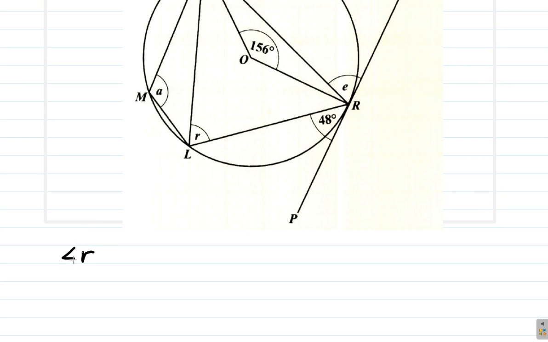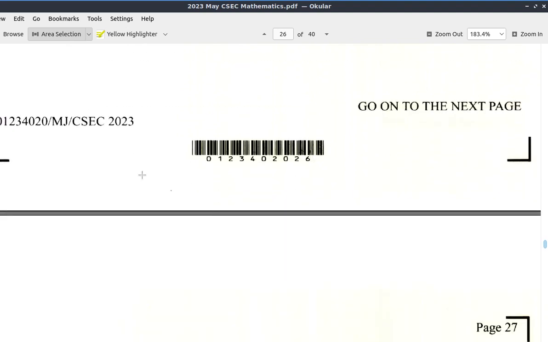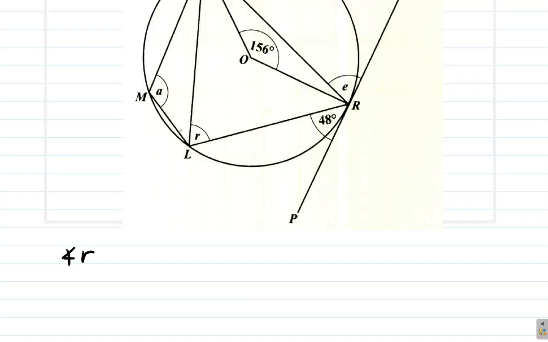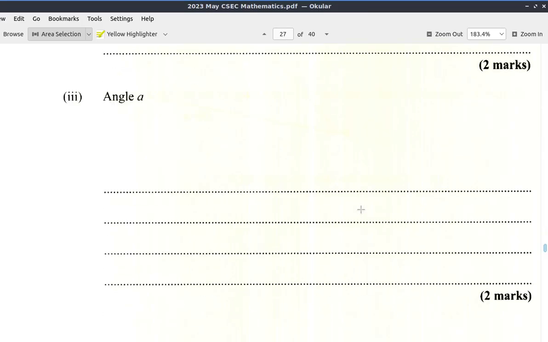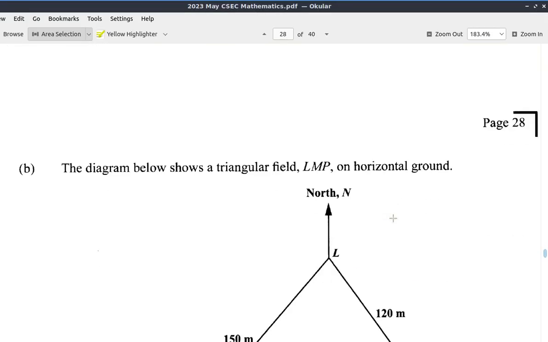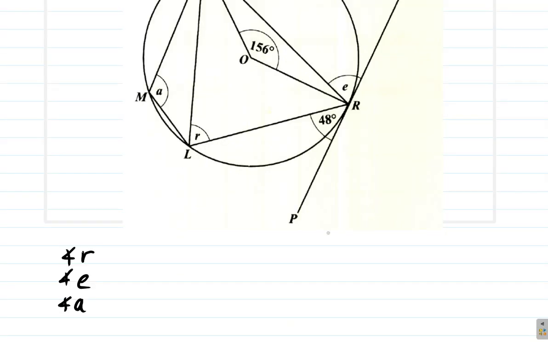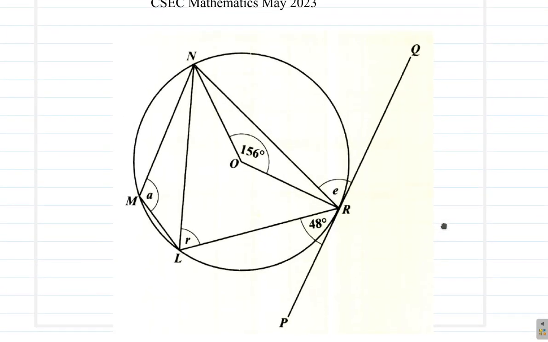Angle R, then angle E, angle E, angle A. We have angle A. Okay, so we see what happens in this case. We want angle R.